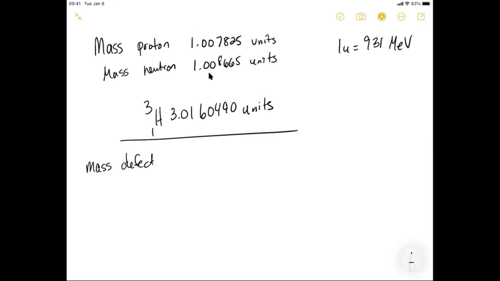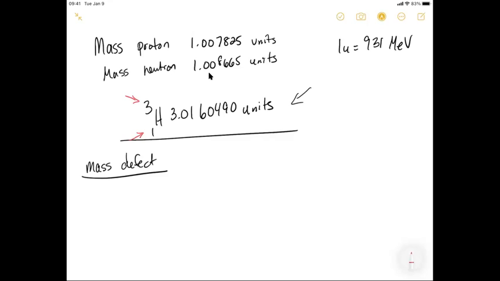So first, mass defect. Remembering from yesterday's lesson that mass defect is the mass of all of the components of a nuclide minus the atomic mass of the nuclide. So this is the atomic mass, and we're going to add up the mass based on the nuclear symbol here.